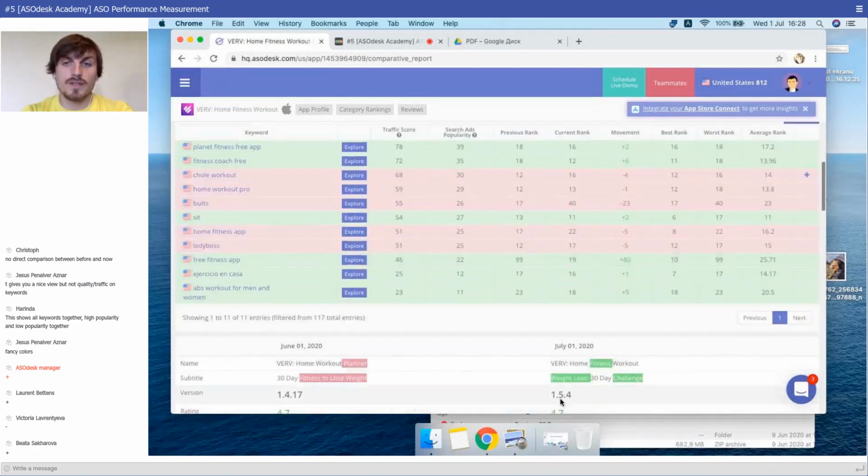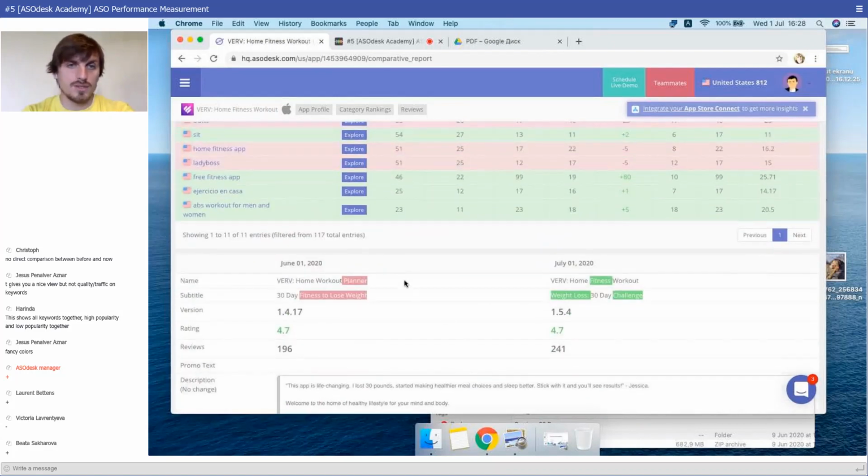We can take a look at the metadata of the Verve app in the United States. So on June 1st, they had the keyword planner, and they replaced it with the keyword fitness. And before, the keyword fitness was in the subtitle.